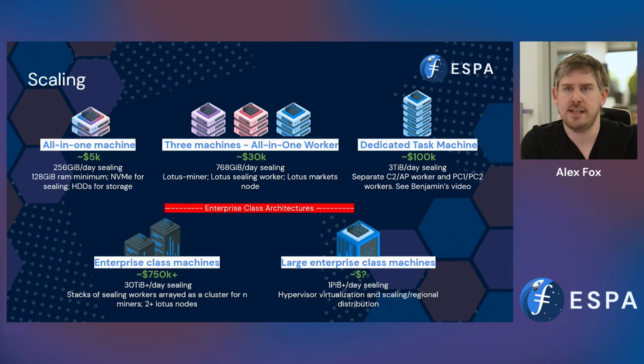If we're going beyond that, then we're looking at creating enterprise scale systems, really, with more enterprise style high availability and reliability. We're looking at more like around $750,000 and above for an enterprise grade system.